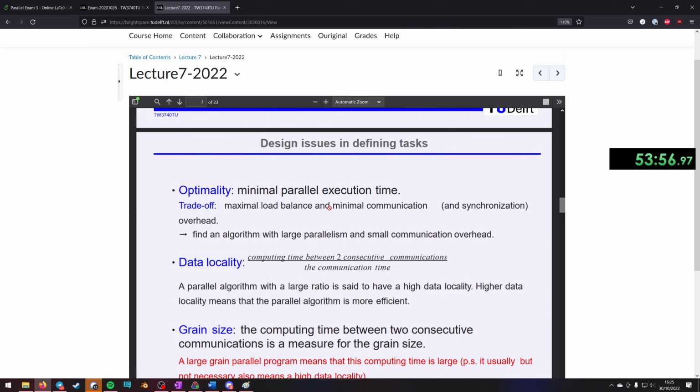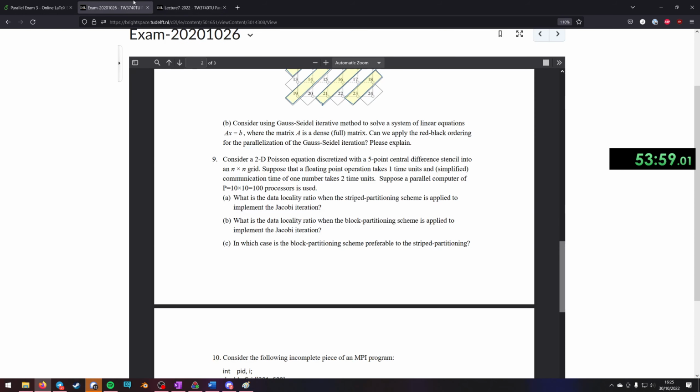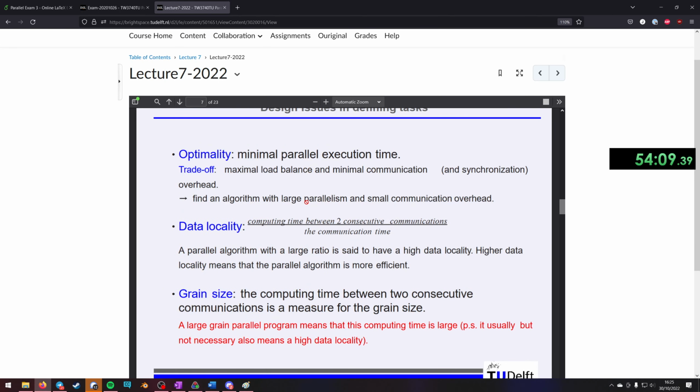So it's matrix vector. Data locality, if we do a striped partitioning scheme, is computing time between two consecutive communications over communication time on average.